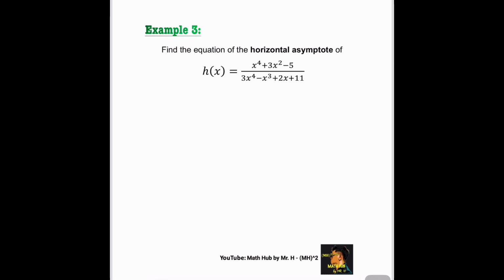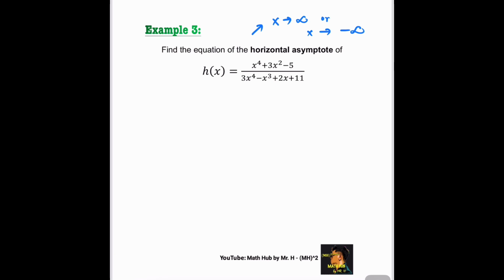First, horizontal asymptotes describe the graph's behavior as x approaches infinity or as x approaches negative infinity. Also, in finding the equation of the horizontal asymptote, it actually depends on the degree of the numerator and the denominator. There are actually 3 cases here.